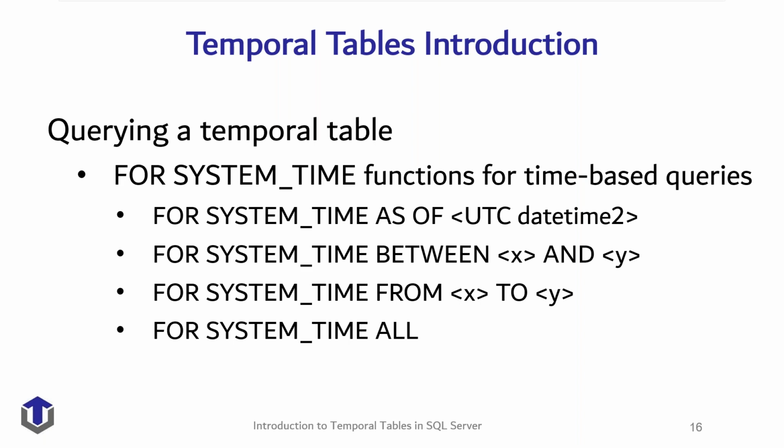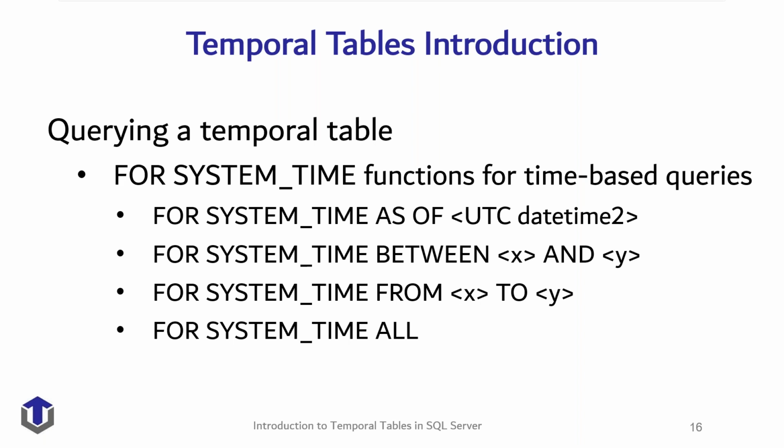And then finally, FOR SYSTEM_TIME ALL is going to show you the full history of that table. Basically, that's going to be a big UNION ALL between the current table and the history table. So if you've got, let's say, your Tim Mitchell record, if you're talking about a person, and you changed Tim Mitchell 15 times, you're going to see 16 different versions of Tim Mitchell: whatever the current version is, and then those 15 changes that you've made over time whenever you do FOR SYSTEM_TIME ALL.